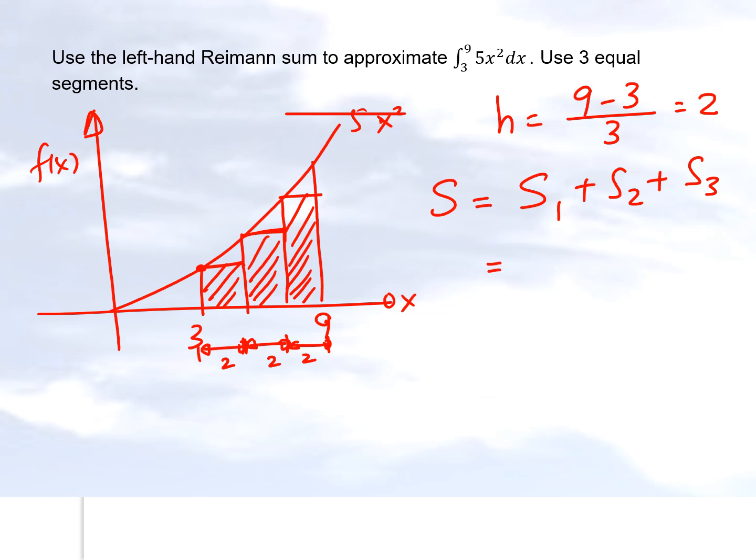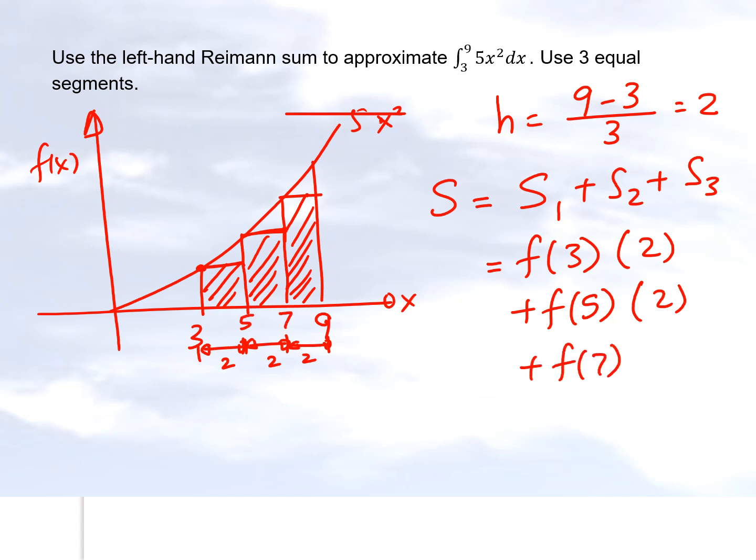The first rectangle will be the value of the function at 3 times 2, which is the width of the rectangle. The area of the second one will be f of 5 times 2, because since the width is 2, this is 5 and this is 7. And the third rectangle is the value of the function at 7 multiplied by the width, which is 2.